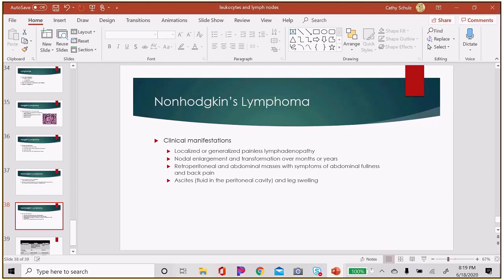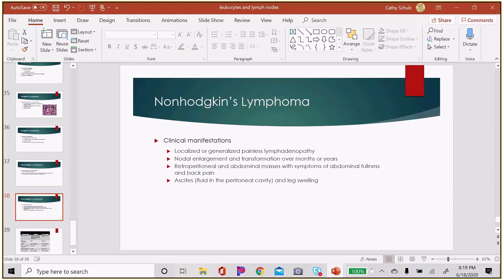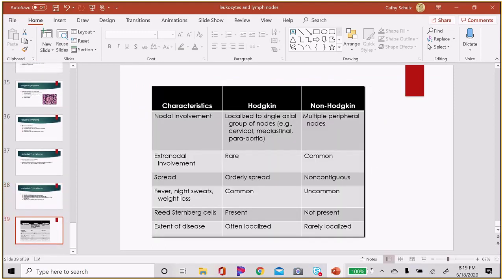Again, we have the lymphadenopathy, but instead of being just one area, it can be located all over the body. So that's one of the big differences between Hodgkin's and non-Hodgkin's lymphoma. Hodgkin's lymphoma is a single group of lymph nodes. It might be the underarm, it might be in the chest, it might be in the groin.